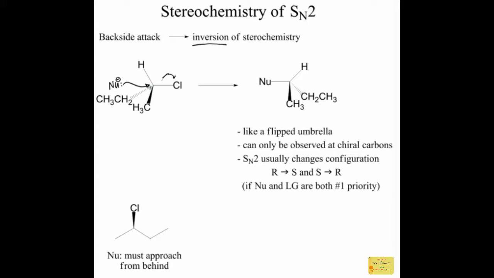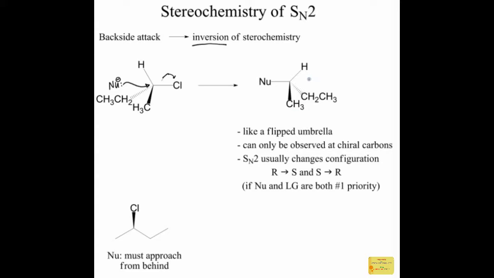I think I'm mixing up my directions here. On the left, they're going to go up and become flat, planar in the transition state, and then they're going to come down to be in the other direction. So it's kind of like you have an umbrella. If you think of these 3 groups as forming an umbrella, you're going to straighten them out, and then it's going to flip in the other direction in the product.